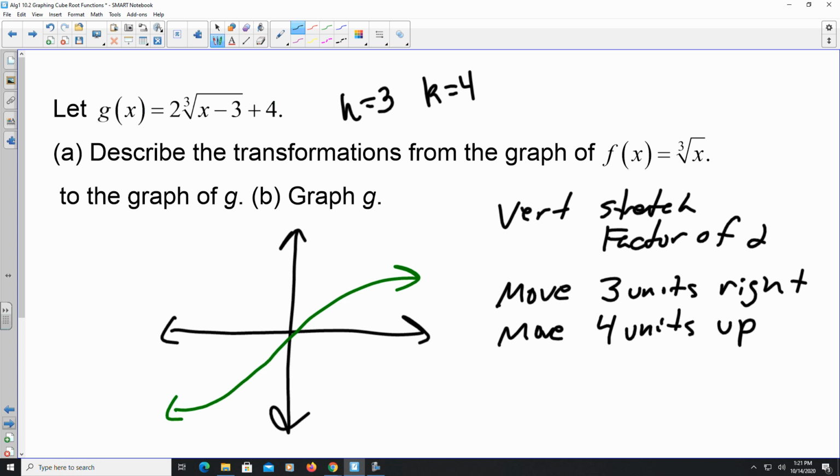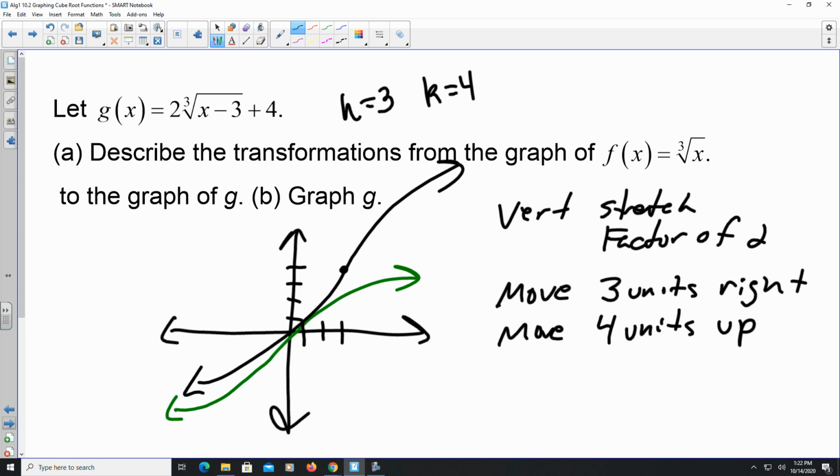So I'm just going to go 1, 2, 3, 1, 2, 3, 4. That is where the change is going to be made. And because it's a vertical stretch, it'll look a little bit wider, and it'll look something like this.